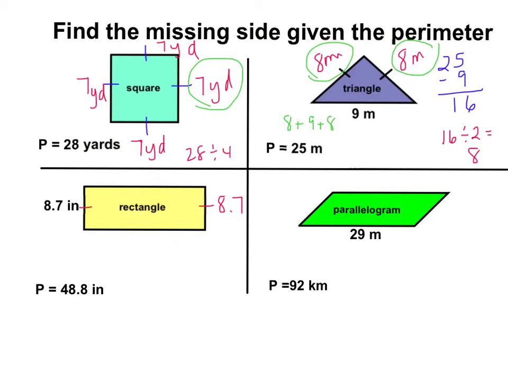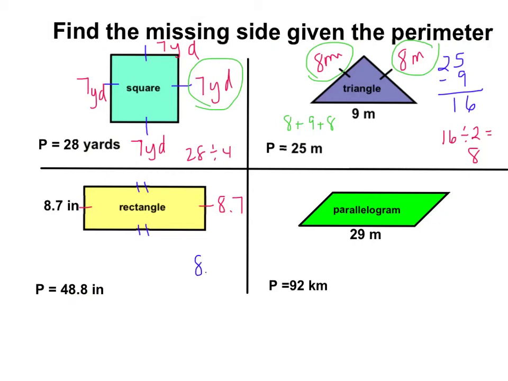But I do know one thing, they're congruent because the opposite sides of a rectangle are the same. So how do I figure this one out if all I'm given is the perimeter and these sides? Again, to find the perimeter, I add all four sides. Well, if I'm given these two sides, let's go ahead and take that away from the total perimeter.